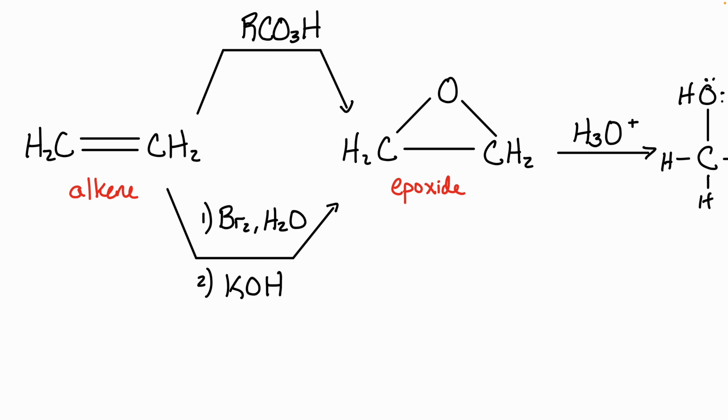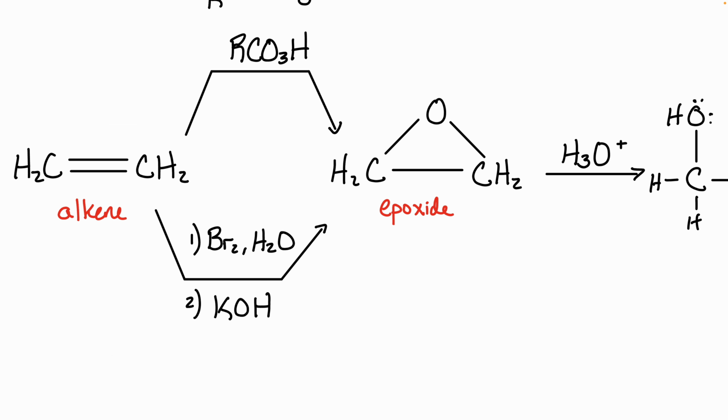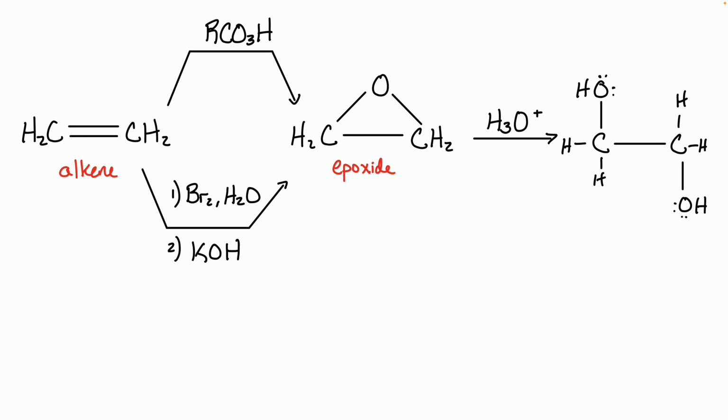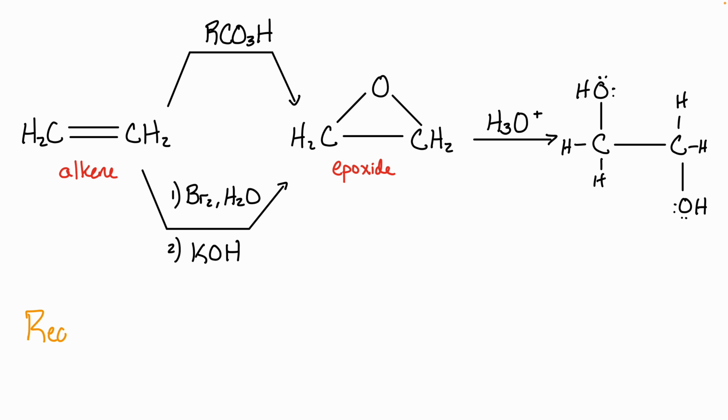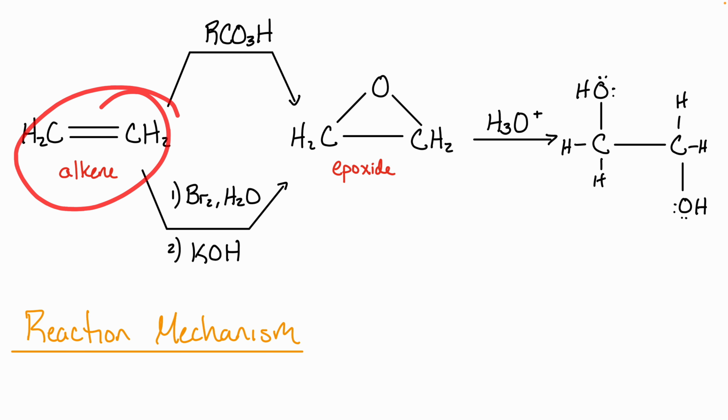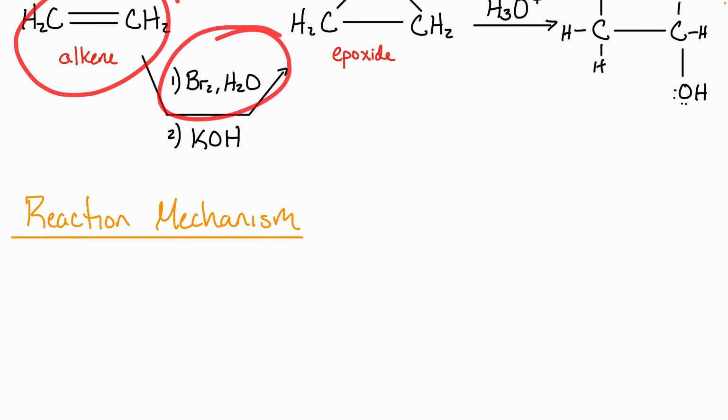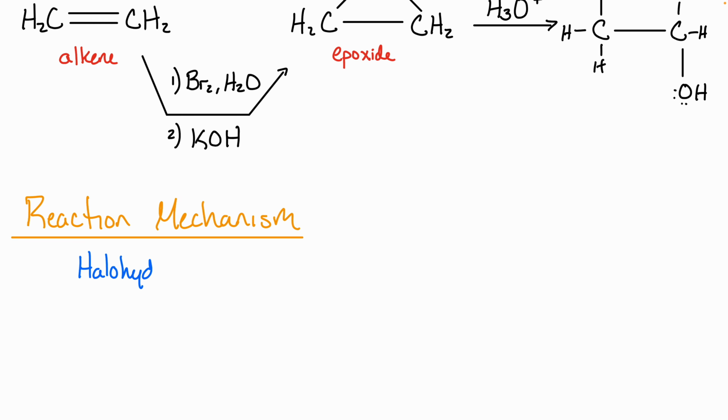Okay? So we're going to take a look at our mechanism here. For the sake of time, I'm going to skip over going from an alkene to a halohydrin, because we've already done it. It's already in your notes. So I'm going to focus on how we go from that halohydrin to our epoxide.